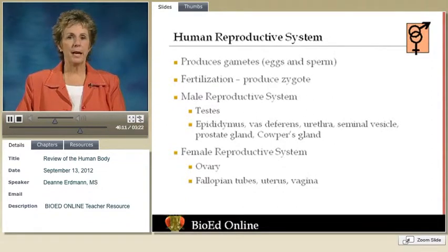The human reproductive system. The human reproductive system is a little bit different than our other systems of the body, in that if our respiratory system fails to function or our circulatory system fails to function, then that's pretty much life-ending.